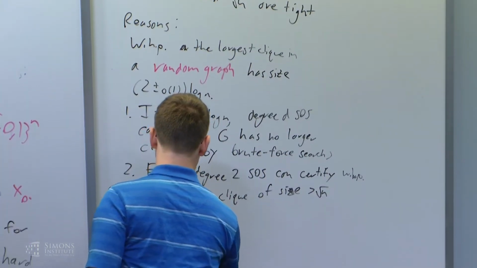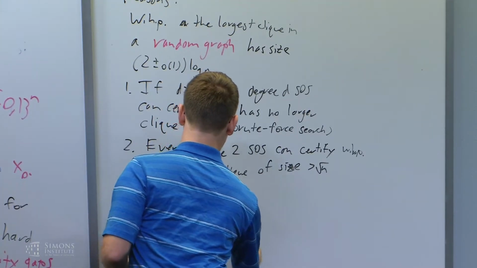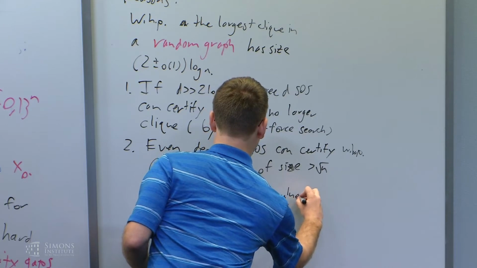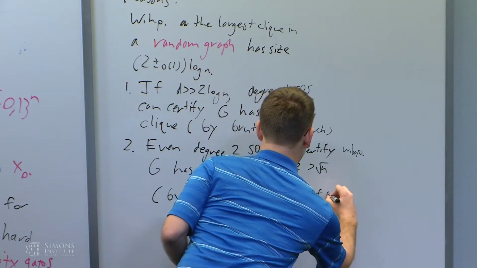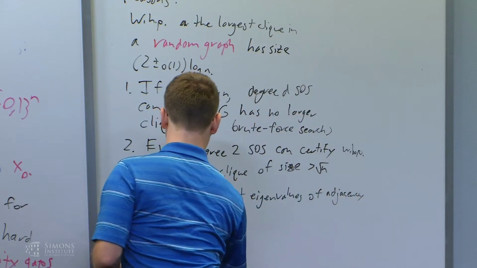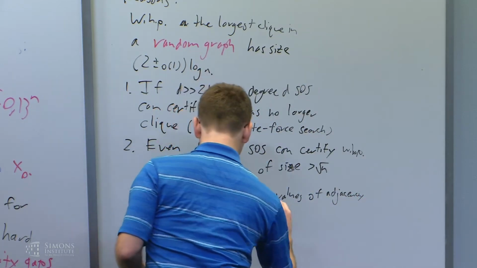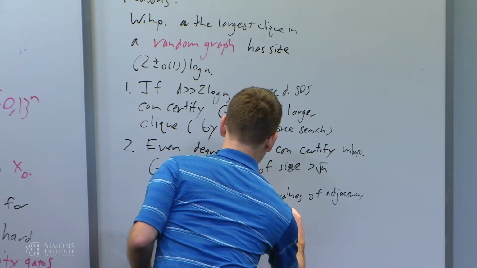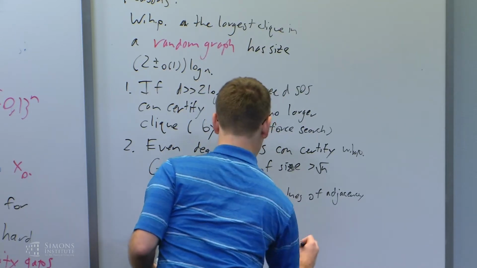And this is by looking at eigenvalues of the adjacency matrix. And this is essentially the spectral algorithm of AKS 98.